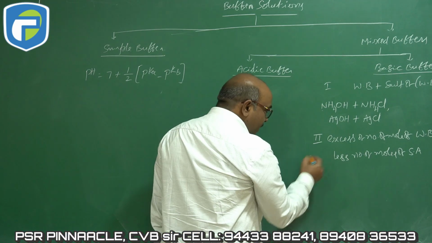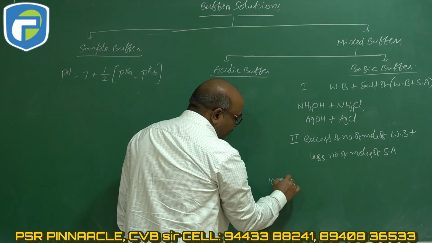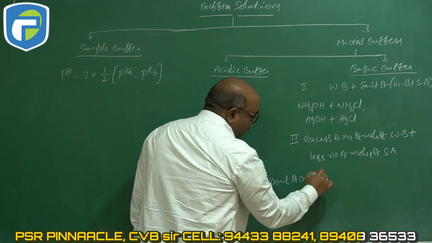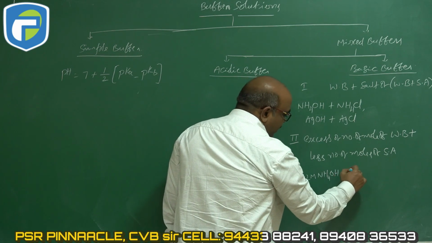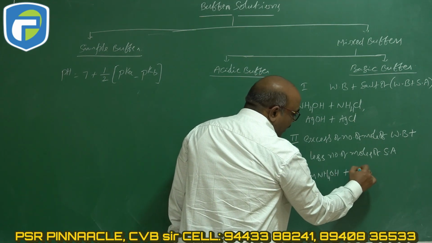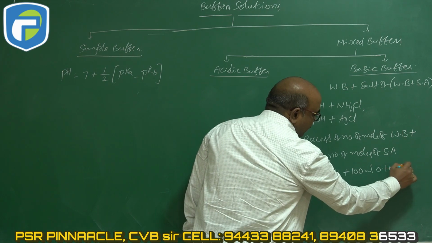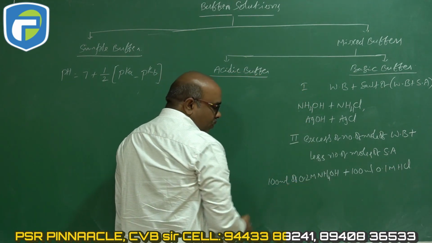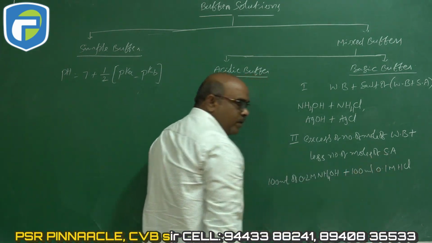Here also you take the same example. 100 ml of 0.2 molar NH4OH is mixed with 100 ml of 0.1 molar HCl. Then it acts as a buffer. Here there are 20 millimoles of weak base and 10 millimoles of strong acid.